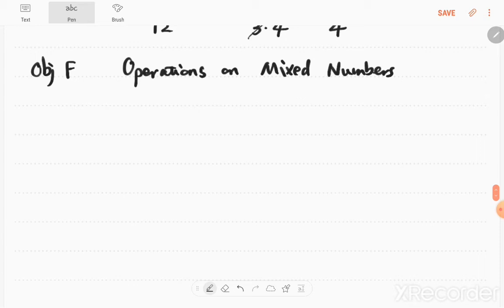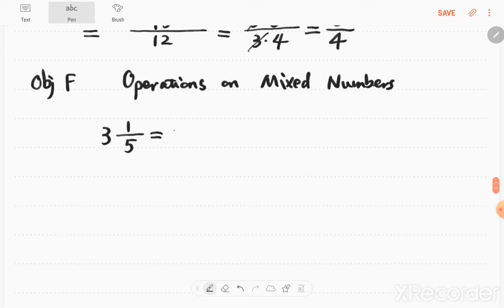So, for example, if we have this mixed number 3 and 1 over 5, we can write it as 3 plus 1 over 5. Right?